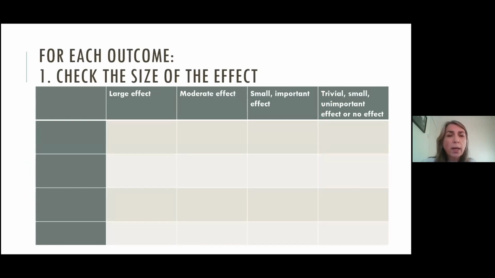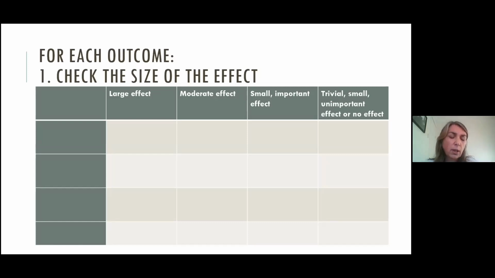Well, you start with one outcome, for instance, incidence of diarrhea, and you look at the results and you say, okay, am I seeing a large effect, a moderate effect, a small but important effect, or a trivial or unimportant effect, or no effect? Obviously this is the first challenge because this is a judgment. But setting that aside, you have to make that judgment and decide where you are on this scale.